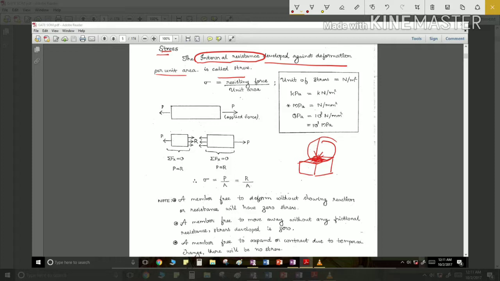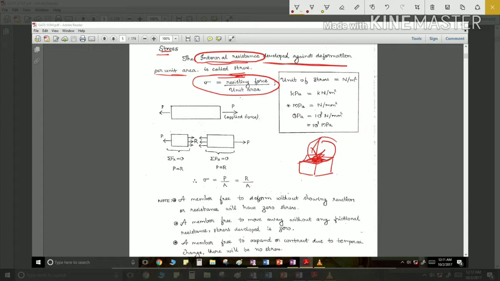But to be precise, the definition of stress is the resistance developed against that deformation per unit area is called stress. The resistance developed internally. So this is what it is given. The internal resistance developed against deformation per unit area is called stress. And stress is mathematically defined as resisting force per unit area.